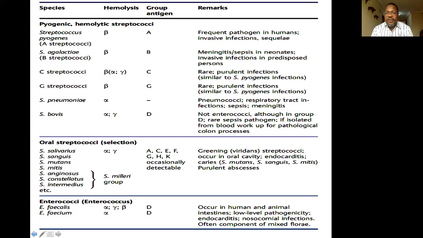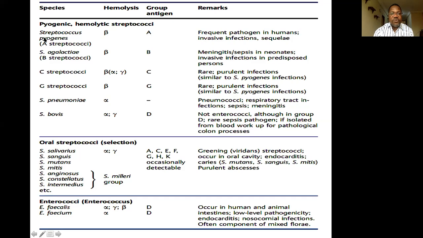So let's look at different species of streptococci. We have what we call hemolytic streptococci, and those are mainly beta hemolytic and alpha hemolytic streptococcus. The beta hemolytic are mainly group A, group B, group C, and group G streptococci, and the alpha hemolytic are mainly group D streptococci.